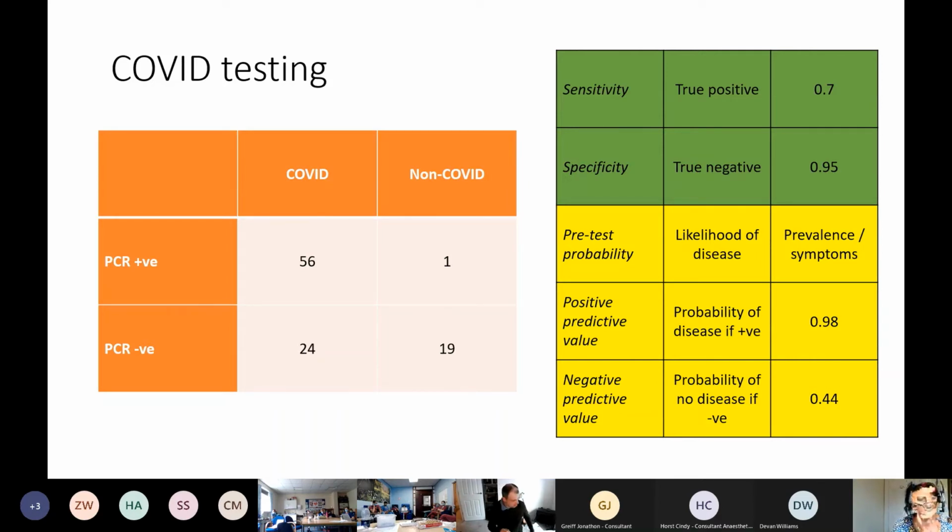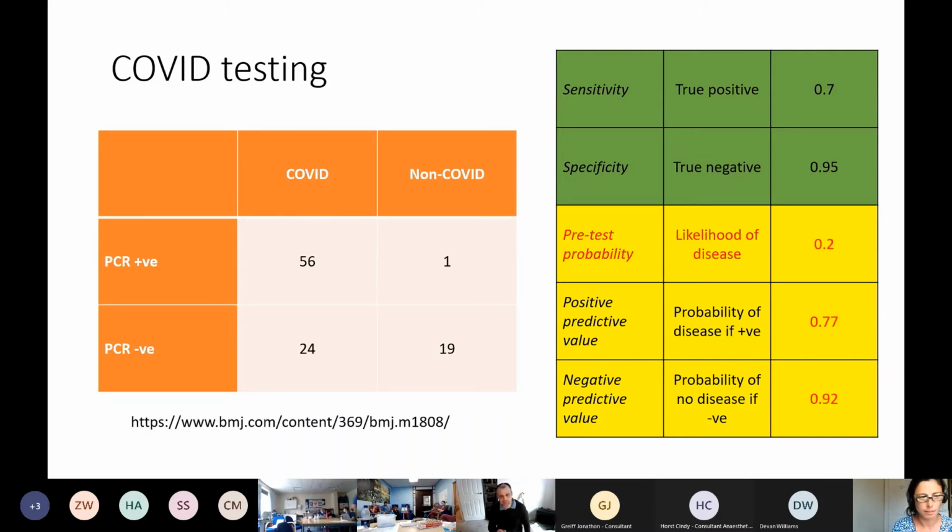And this has a huge impact on whether it's likely the patient has COVID or unlikely. And I'll show you. So this current slide shows if the pre-test probability, so someone comes to you coughing and spluttering, and you know the prevalence is high in society, and say, I think there's 80% probability that they have COVID, then the positive predictive value is 98% and the negative predictive value is 44%.